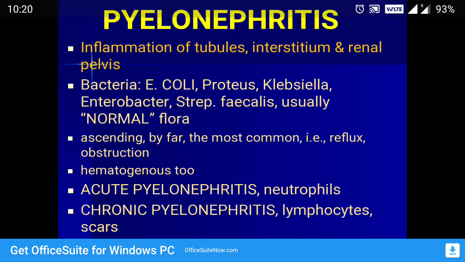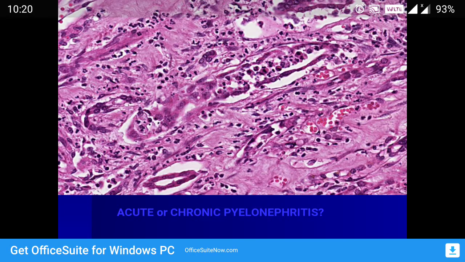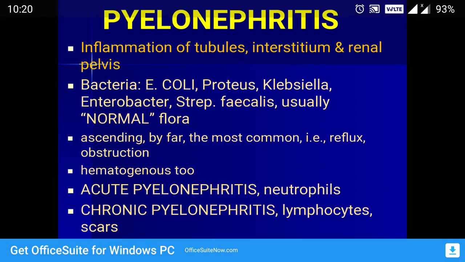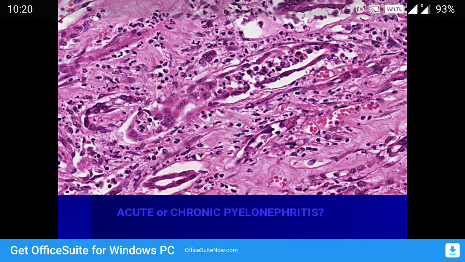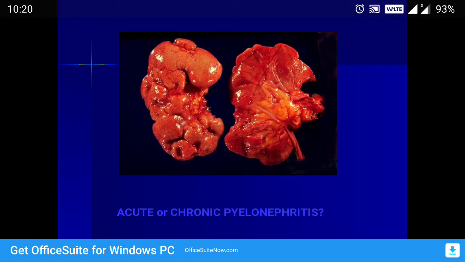In chronic pyelonephritis, you will see lymphocytes. So in microscopy, if there is inflammation of the renal parenchyma, interstitium, tubules and pelvis, and the cells are neutrophils, it is called acute pyelonephritis. If it is lymphocytes, then it is called chronic pyelonephritis.